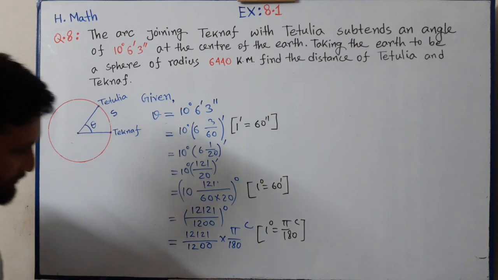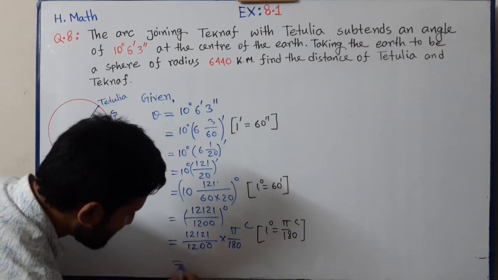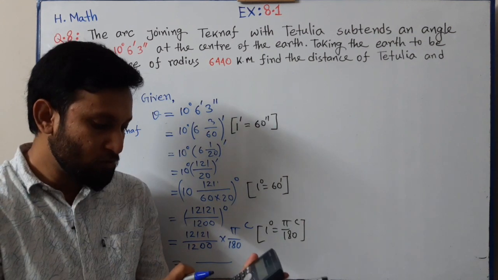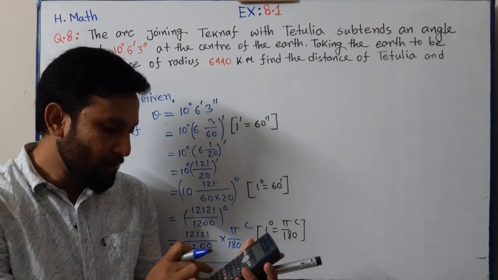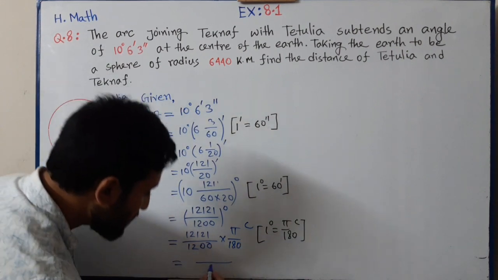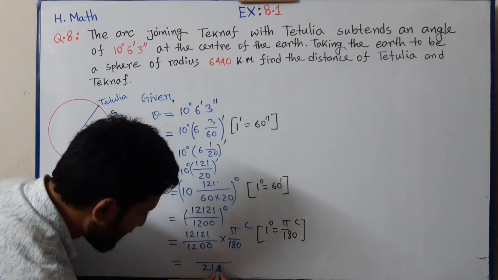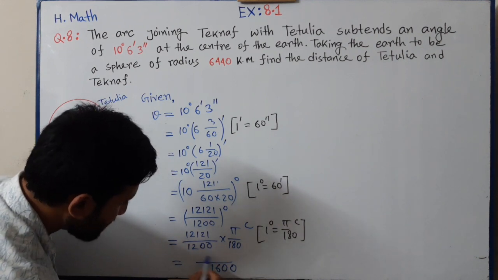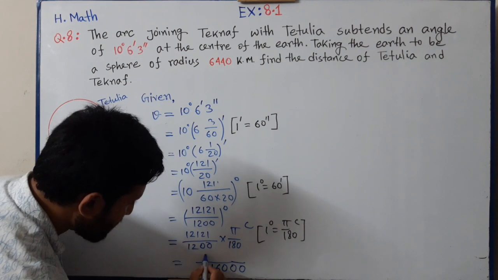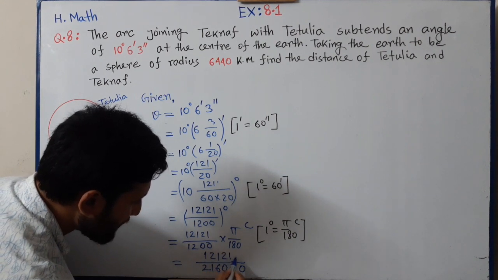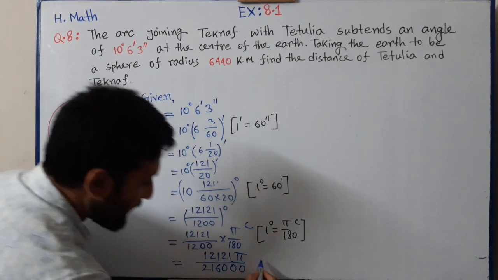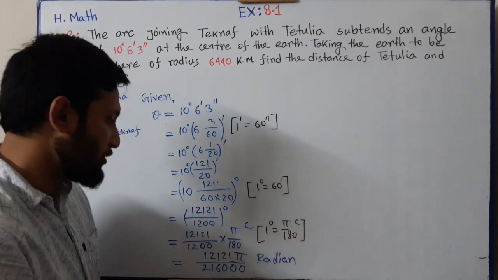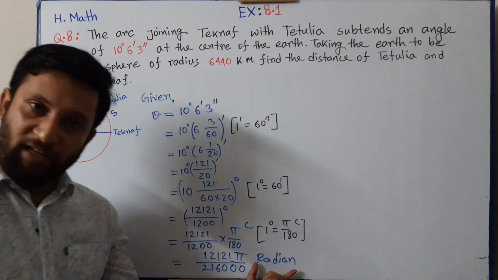Now by simple calculation, 1200 into 180 is 216000 in the denominator, and in the numerator 12121 pi radian. So this is converted into a radian unit.